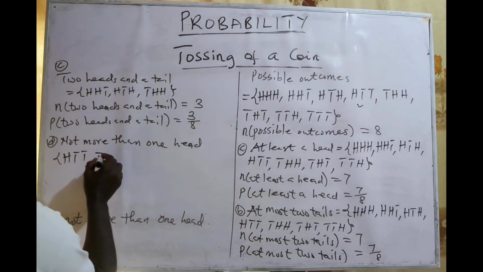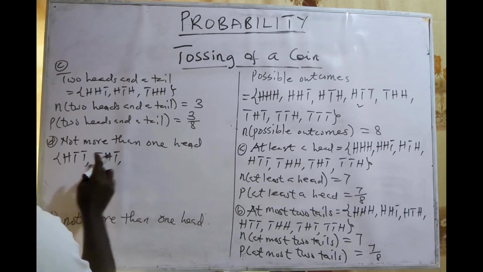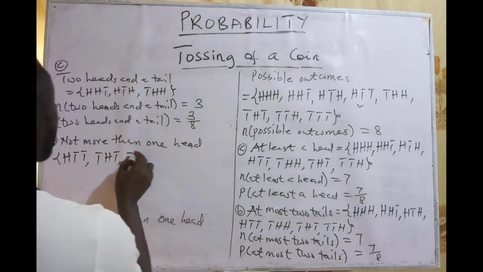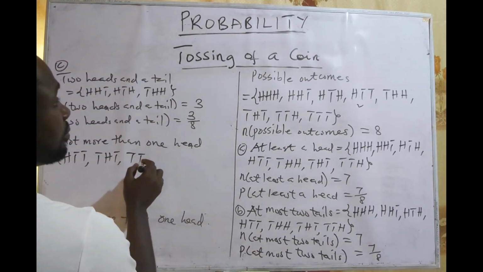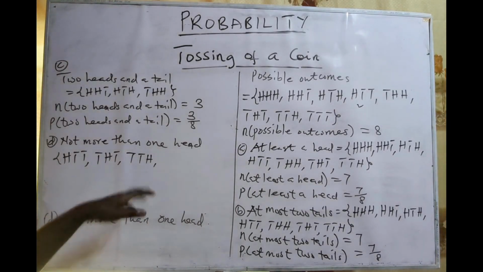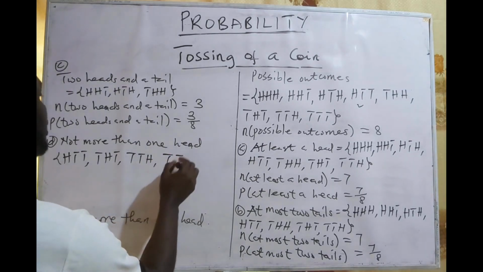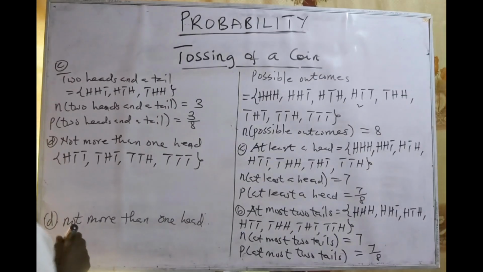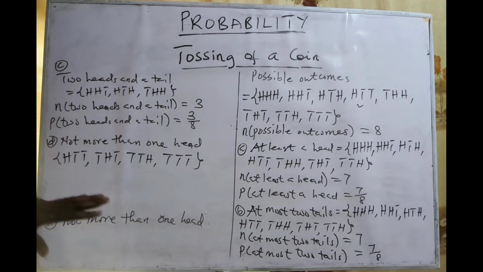Tail, head, tail is also not more than one head. Tail, tail, head is also not more than one head. And tail, tail, tail is not more than one head, there is not even a head here. So what we need is that it shouldn't be more than one head. Anywhere we see more than one head, it is not included.